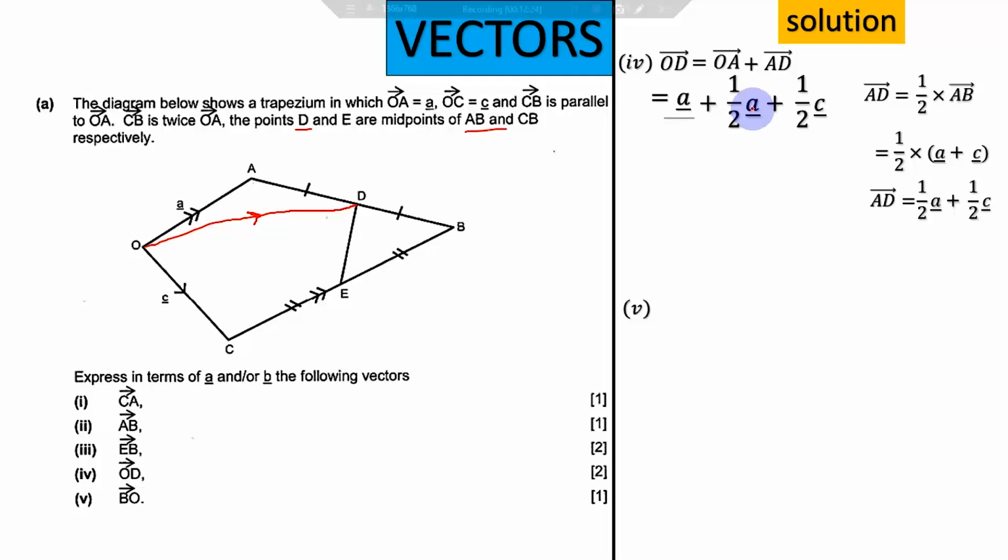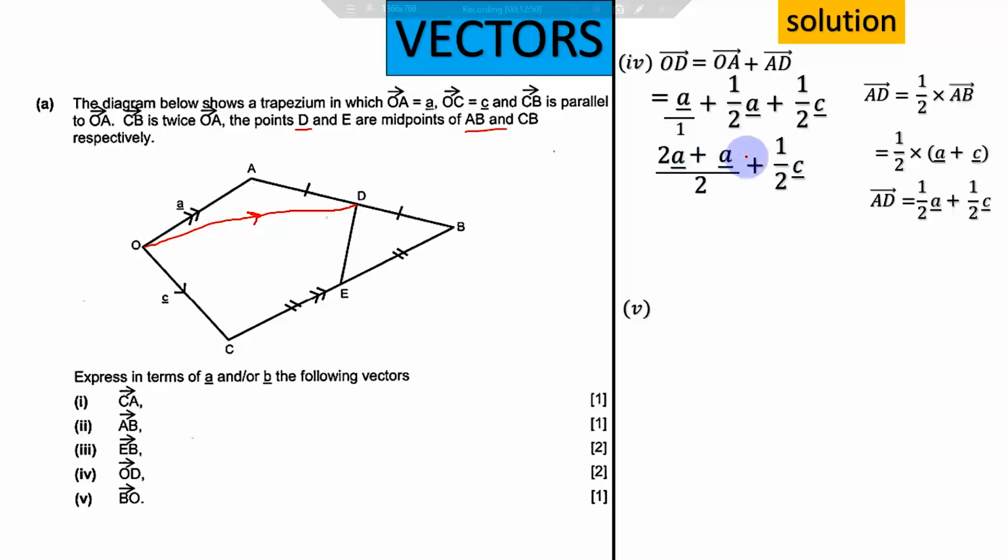So we can introduce a 1 on A, find the common denominator, which is a 2. Then 1 into 2, that is 2. 2 times A, we have 2A. 2 into 2, that is 1. 1 times the positive 1A will get A. Then here we can add. Let us bring the 1 over 2 C.